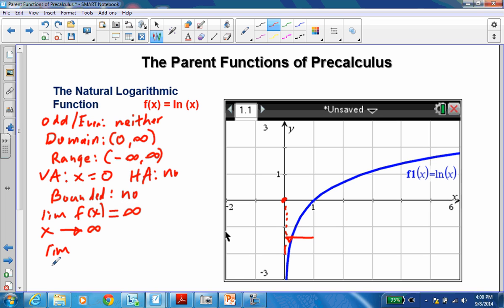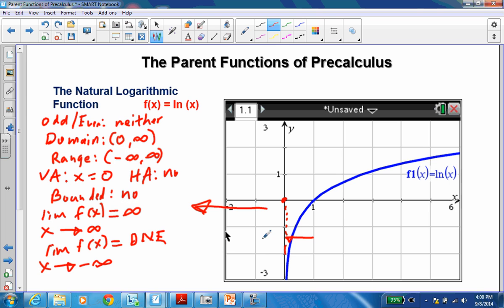Next, the limit as x approaches negative infinity of f of x. Do we go toward negative infinity here? No, it doesn't. So what is our answer here? Does not exist.